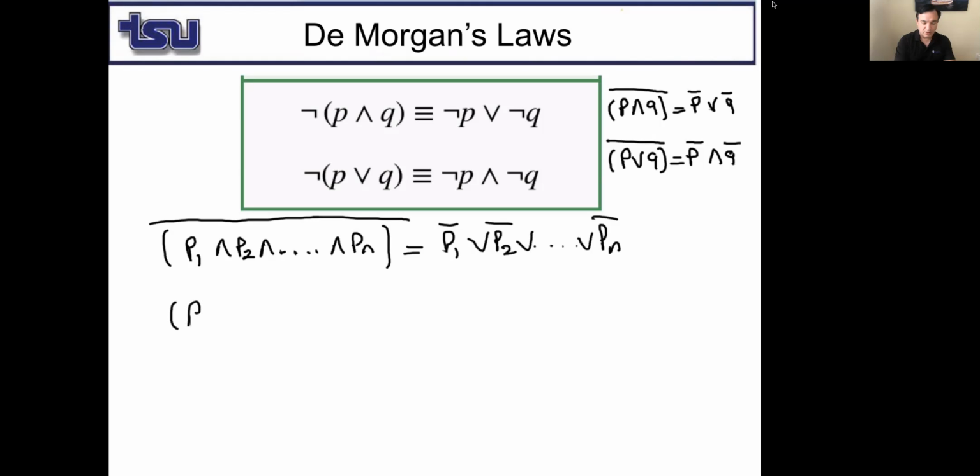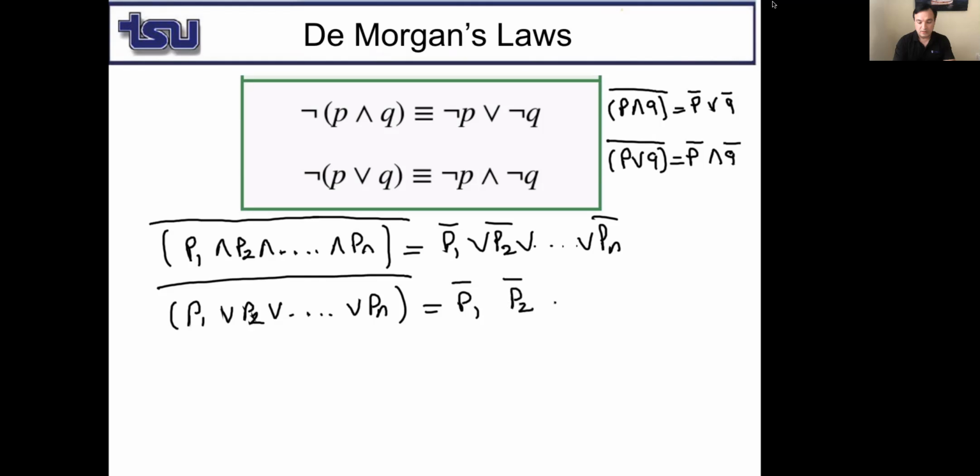Similarly, if you have OR statements, like this, you get the inverse of each, and OR becomes AND. Okay. So that's what it is. Sometimes we can show it with another notation.